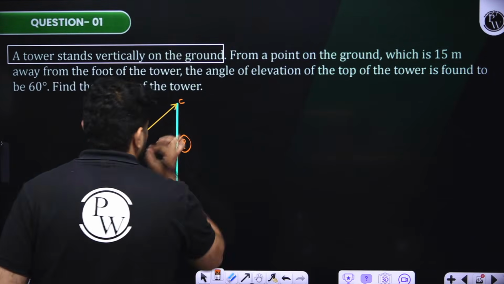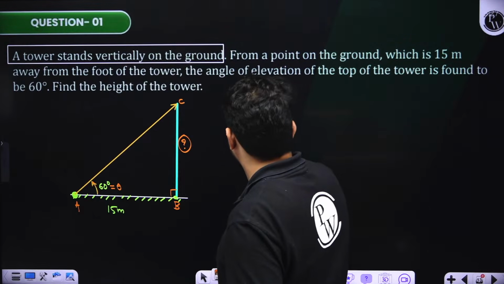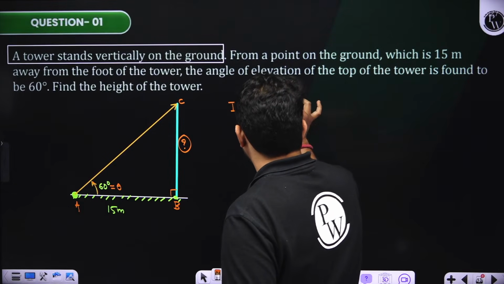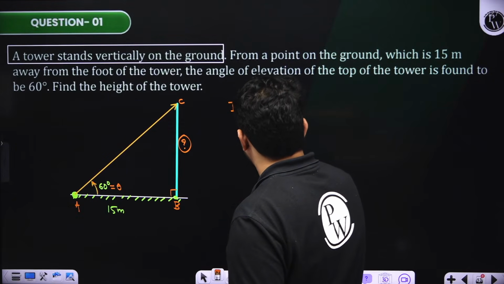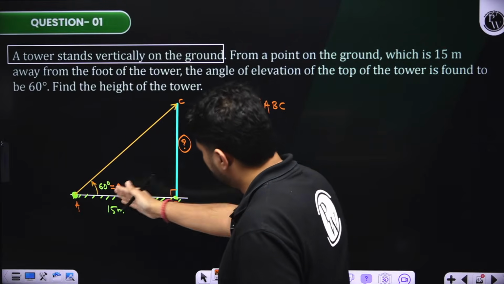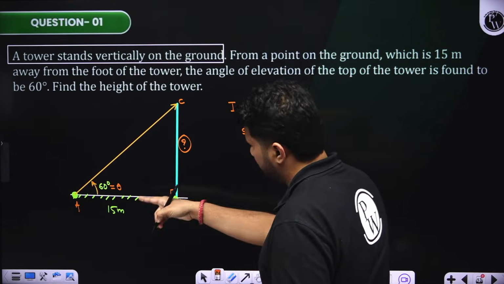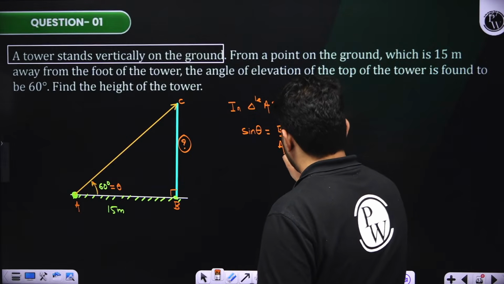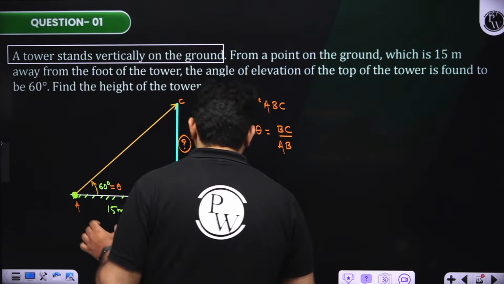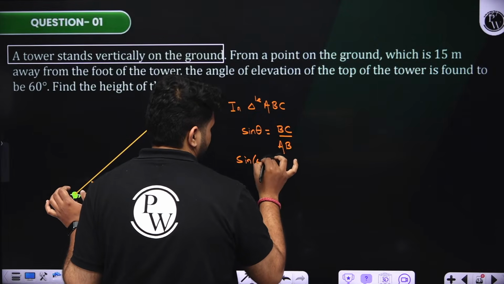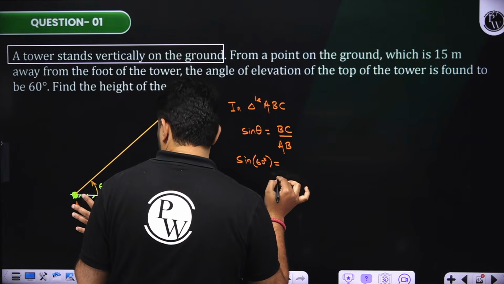So in triangle ABC, sin theta is equal to opposite, that is BC, divided by AB. Clear? So sin 60 degrees will be BC over AB.